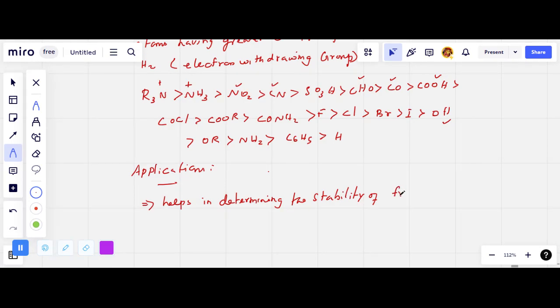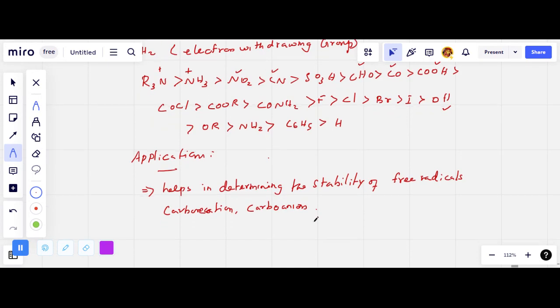We will see the stability of free radicals, carbocation and carbanion.